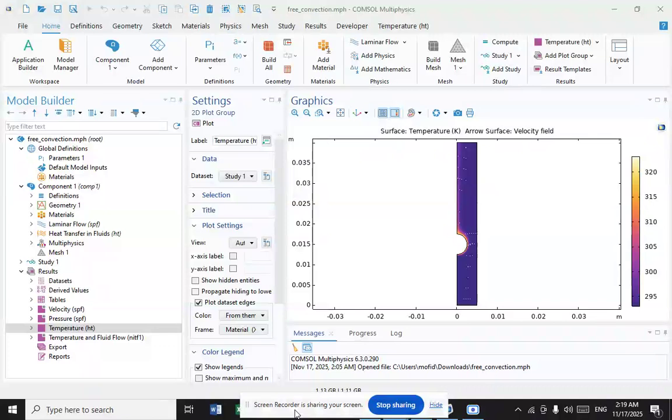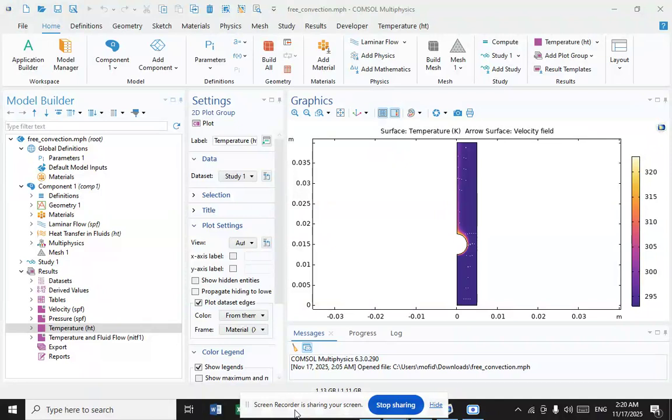Free convective flows may be laminar and turbulent. A flow past a solid surface, the temperature of which is higher or lower than that of a surrounding flowing medium, is the most widespread type of free convection. And here in this simulation, we schematically illustrate characteristic examples of free convection.